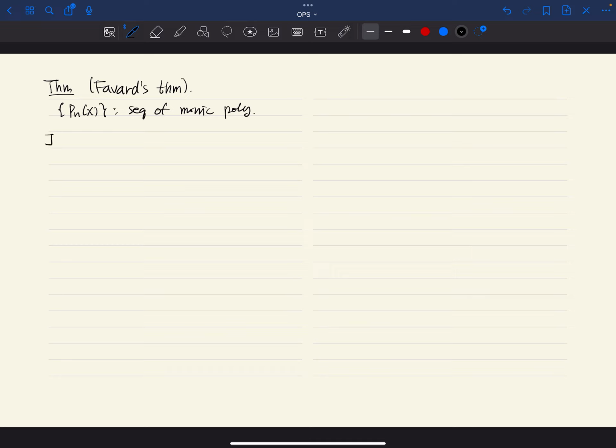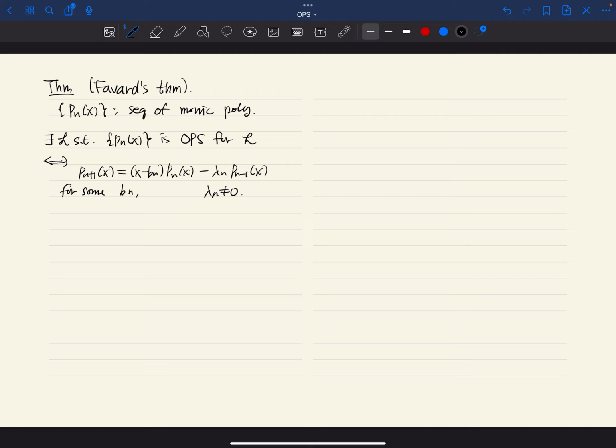Then there is a linear functional L such that P n of x is an OPS for L if and only if they satisfy the three-term recurrence, P n plus 1, for some sequences b n, lambda n, where lambda n is non-zero.